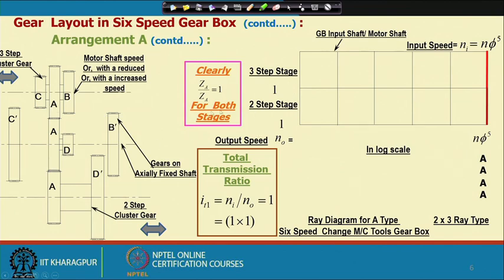That is why we have arrived here. So, in these slides I have shown how the ray diagram is developed, what the gear connection arrangement is, the gear engagement, and we have also found the transmission ratio in these 2 steps, and how the gears are connected.